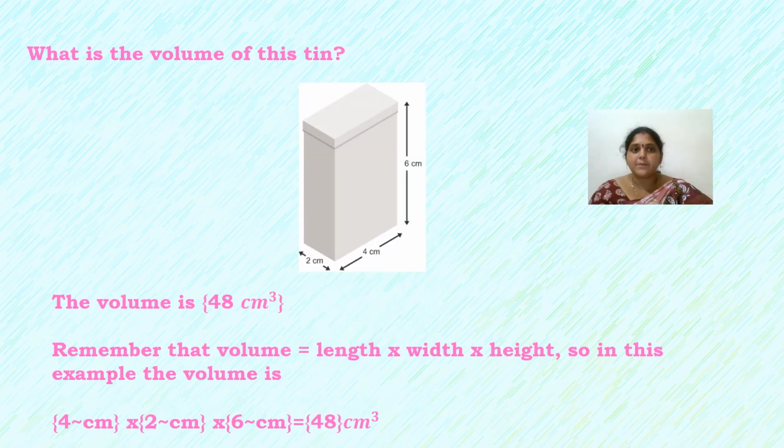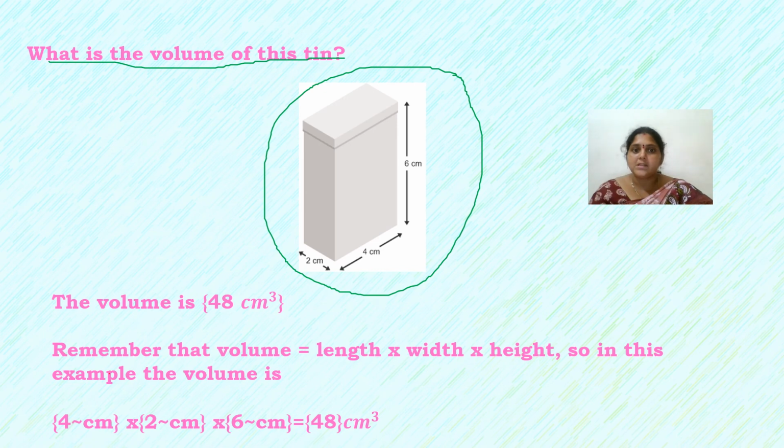Now, one more example we will see here. What is the volume of this tin? Here I have given a tin picture. Height is 6 centimeters. Length is 4 centimeters. And your width is 2 centimeters. Now, what is the volume here? 48 centimeters cube.